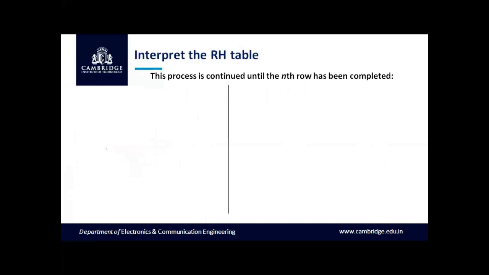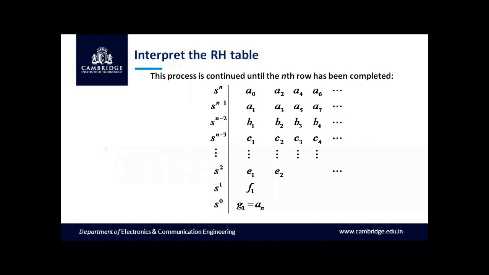This process is continued until the nth row has been completed. We have to follow this procedure until the complete nth row has been completed, following the same pattern, making use of the same formula.